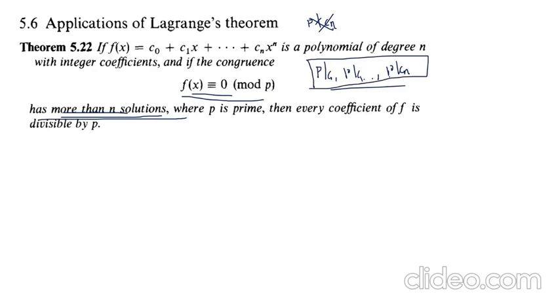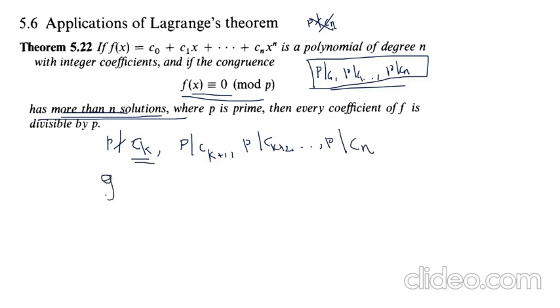There exist some coefficient such that p does not divide it, and let ck be the one with the largest index, that is p does not divide ck, but after that all the coefficients are divisible by p, that is p divides ck plus 1, p divides ck plus 2, etc. p divides cn.